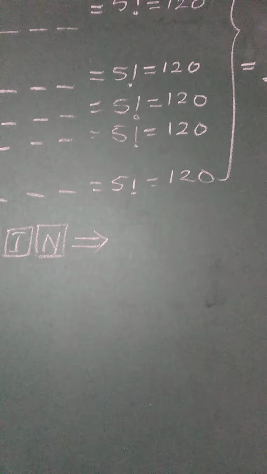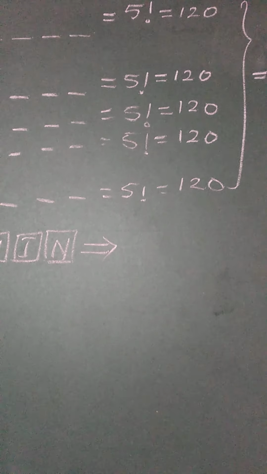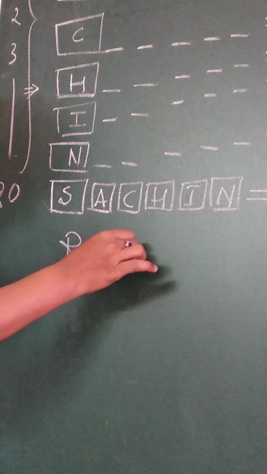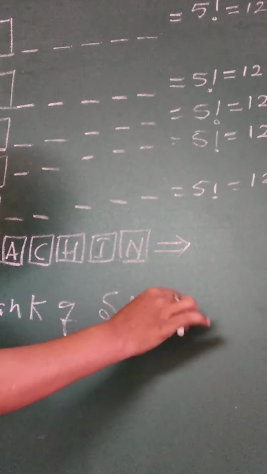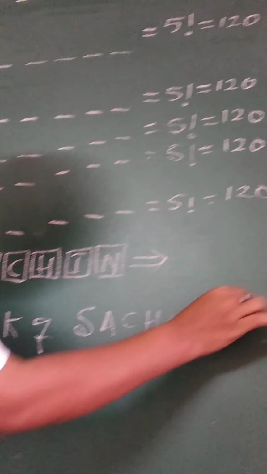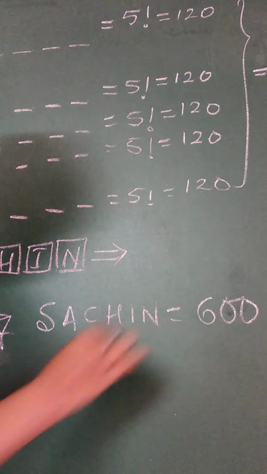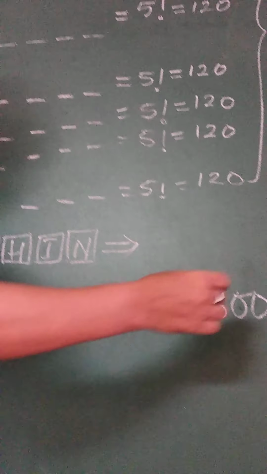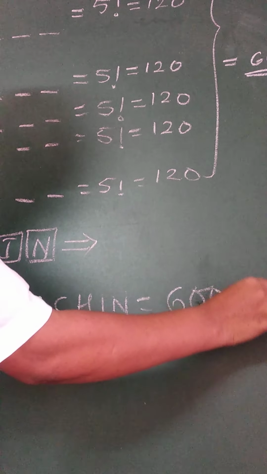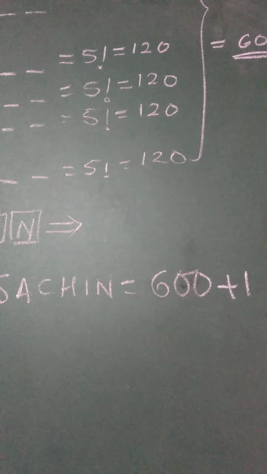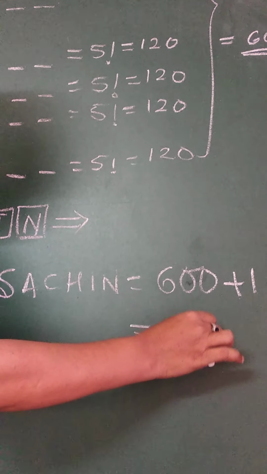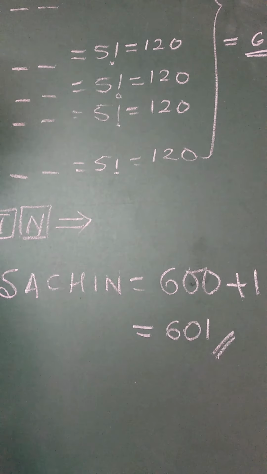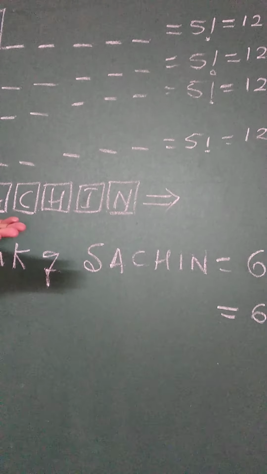Therefore, the rank of Sachin: 600 words are already exhausted, and the first word after 600 is Sachin. Therefore, the position of the word Sachin is 601, which is the rank of the word Sachin.